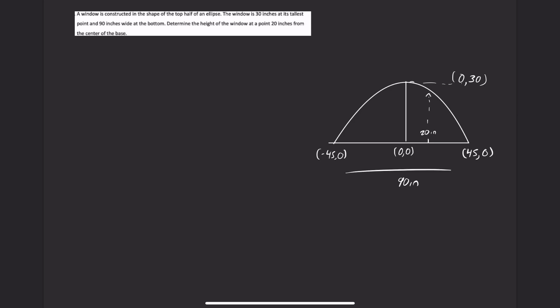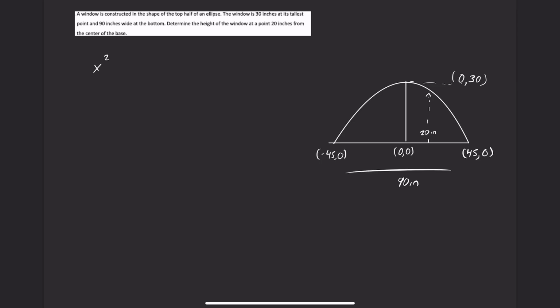Okay, in order to find that, we need the equation of an ellipse. So first, let's determine what type of equation we're going to have. Since 45 is larger than 30, because this is the highest point, at its highest point it's 30 inches, and at its widest, it's 90. So half of 90 is 45. Because 45 is larger than 30, we know that our ellipse is going to be stretched horizontally. So with that information, we know that a must be under x squared.